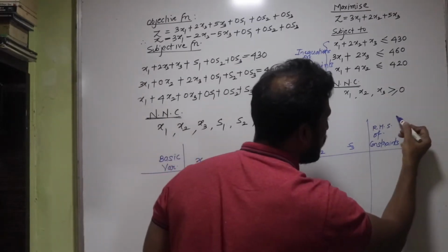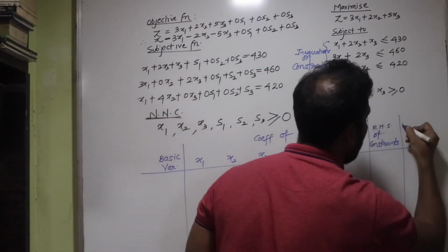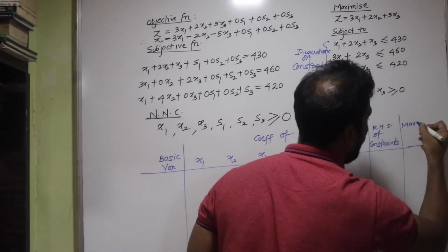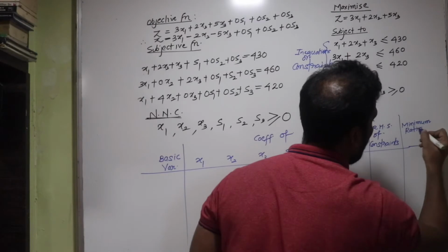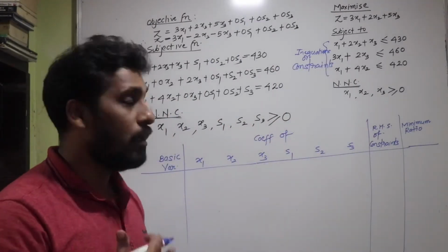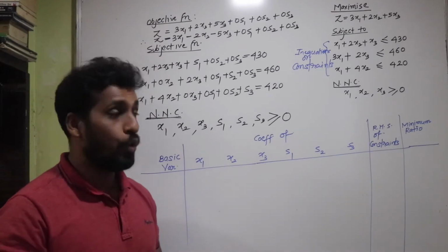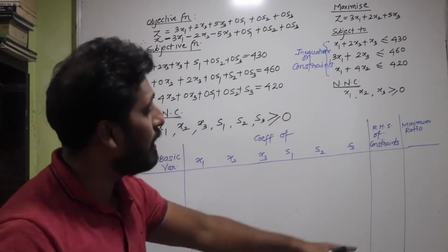And the last column is going to be the minimum ratio. Now what this minimum ratio is, do not worry about it. As and when the simplex table proceeds, you will come to know what all these concepts actually mean and why this table is written like this.